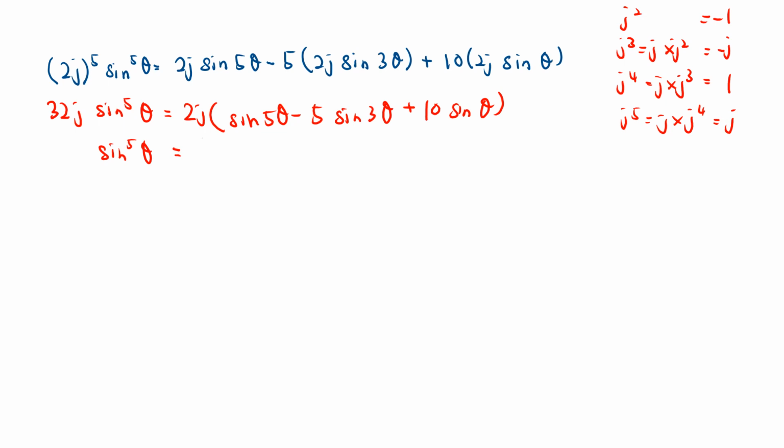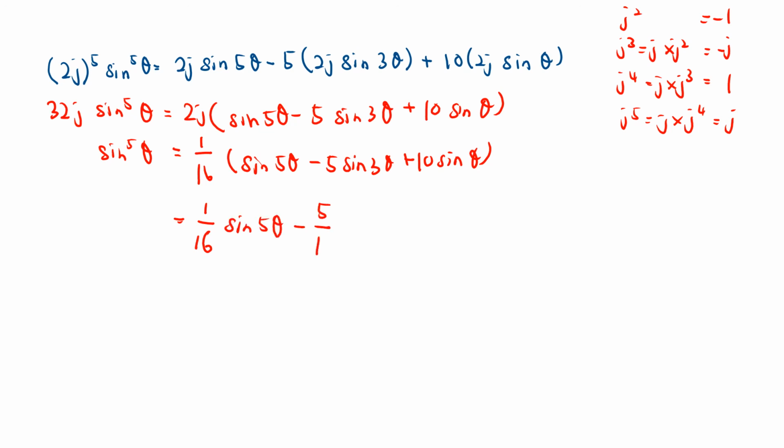So you get 1 over 16 times (sine 5 theta minus 5 sine 3 theta plus 10 sine theta). So sine power of 5 theta equals 1 over 16 sine 5 theta minus 5 over 16 sine 3 theta plus 5 over 8 sine theta. So this is the answer for sine power of 5 theta.